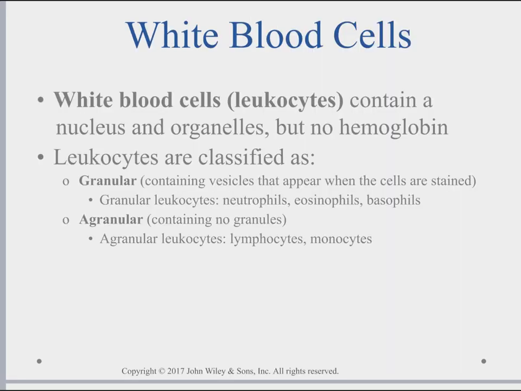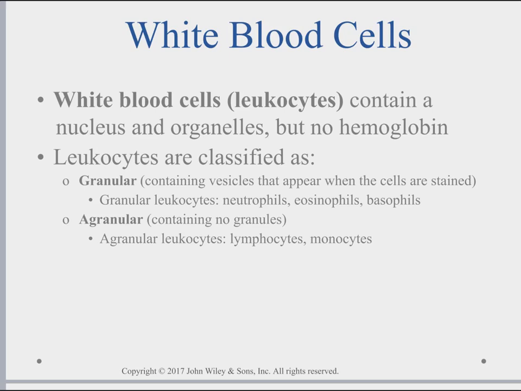The next grouping of cells we're going to look at are our white blood cells. Our white blood cells are also called leukocytes. They're a little bit different than red blood cells in that they contain a nucleus and organelles, but they do not contain the protein hemoglobin. Now, we classify our leukocytes and we put them into two categories. They're either granular or agranular, and this alludes to the speckles or the grains found within the cytoplasm.